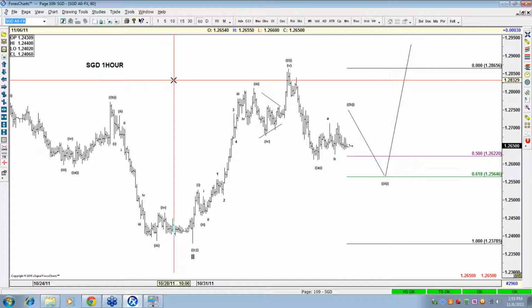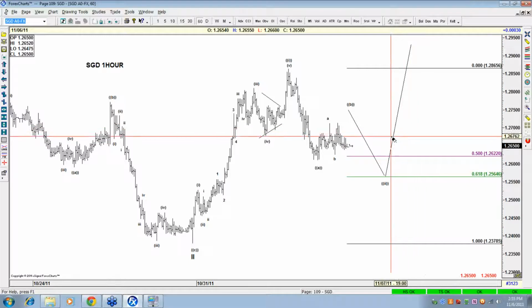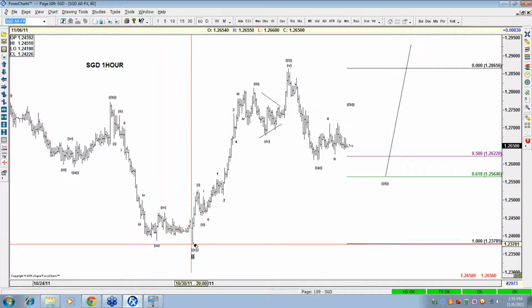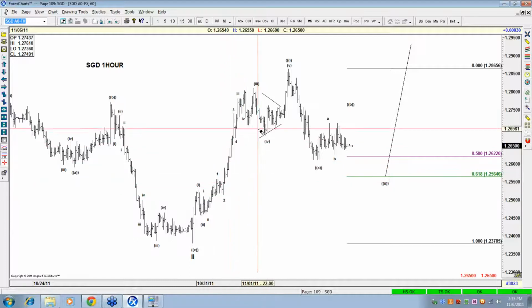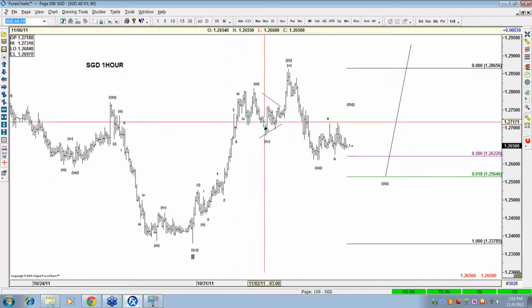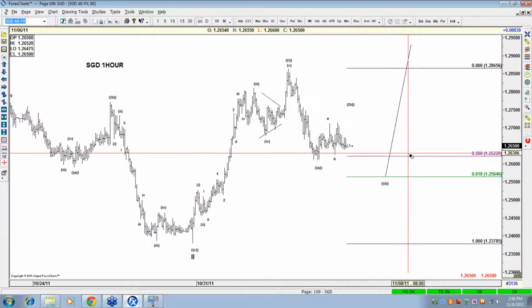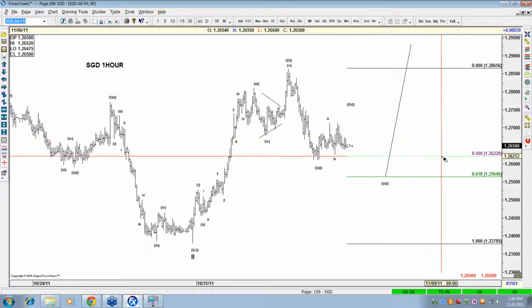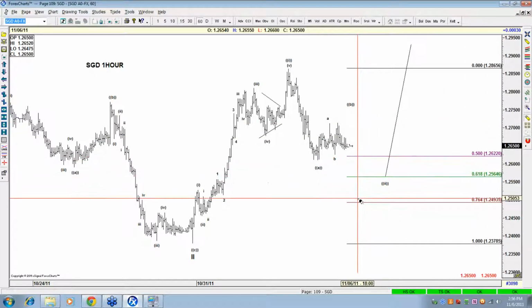two levels. If you take a look, you have a clear 5 waves here. That 5 wave right there makes the case for a bounce in this pair from either one of these 3 levels.